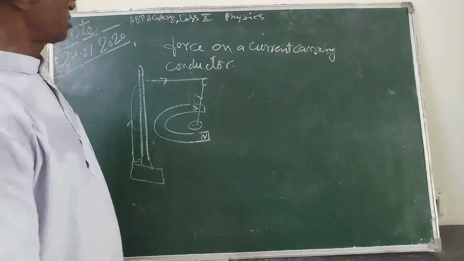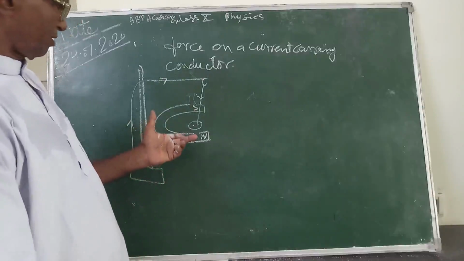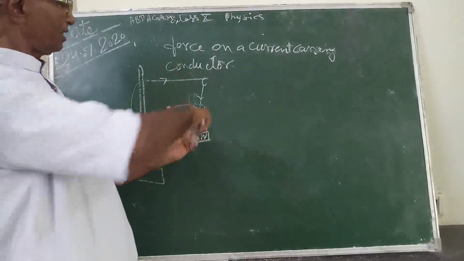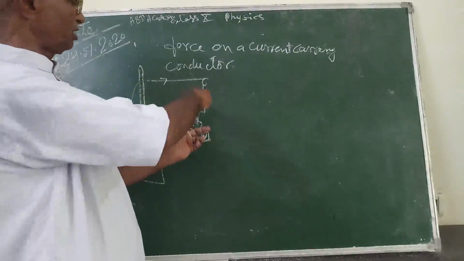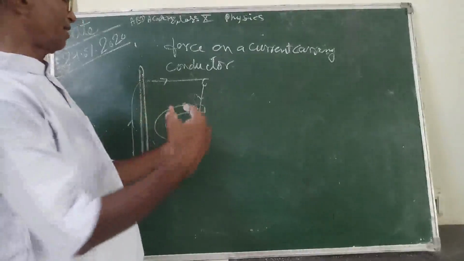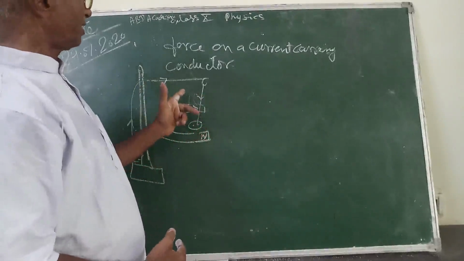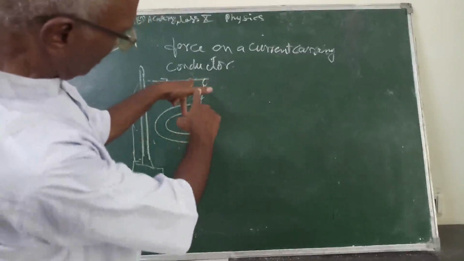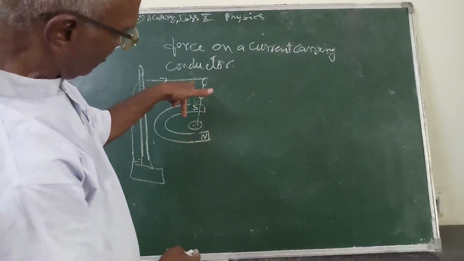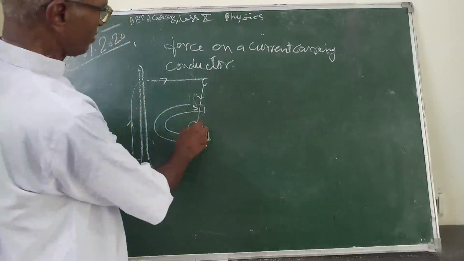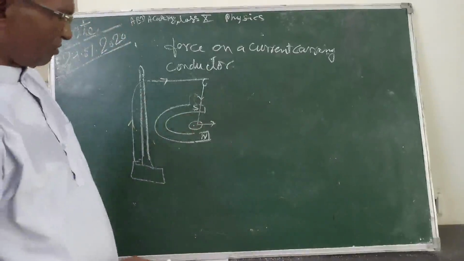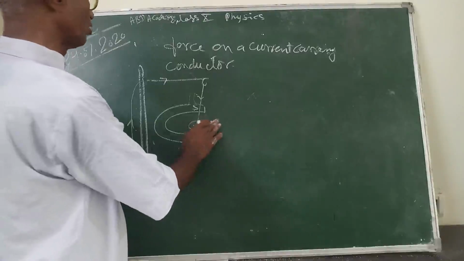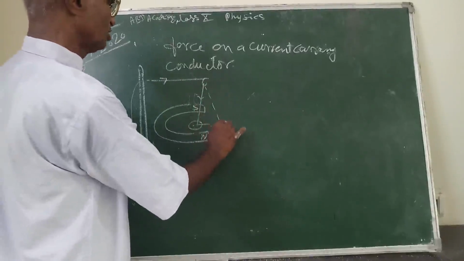When current is passed, the direction of magnetic field is horizontal from west to east, or from right hand to left hand, and direction of current is downward as shown in the figure. Then the thumb represents the direction of motion of the wire. So this wire will experience a force outward, and it will go in this way up to here.